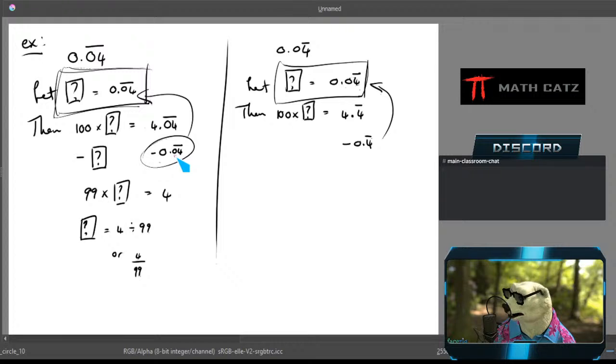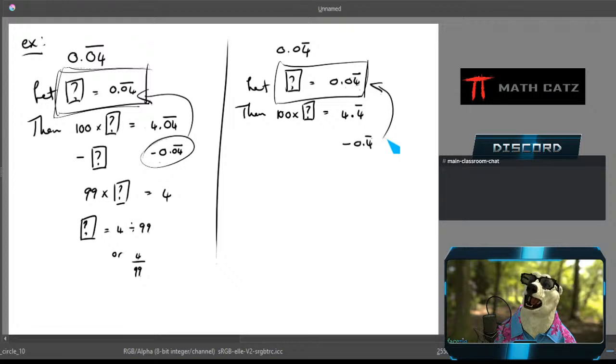Previously, what I subtracted was exactly the same as the part in the box, so I had no issue. Here, what I'm subtracting is not exactly the same as the part in the box, which means I can't just subtract a single question mark. It's not the same, because a single question mark is equivalent to 0.04 repeating, and that's not what I'm working with. I'm working with 0.4 repeating.